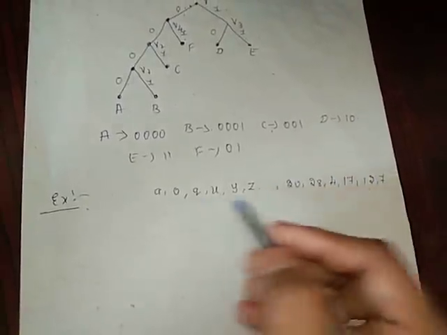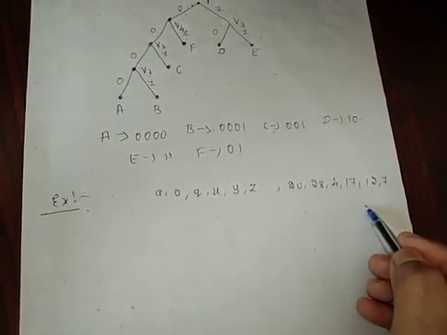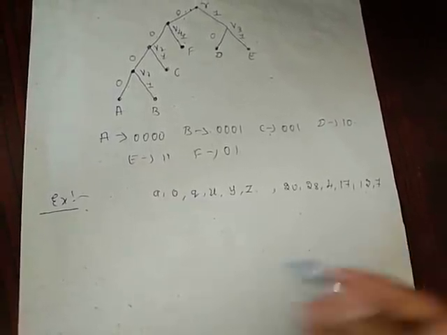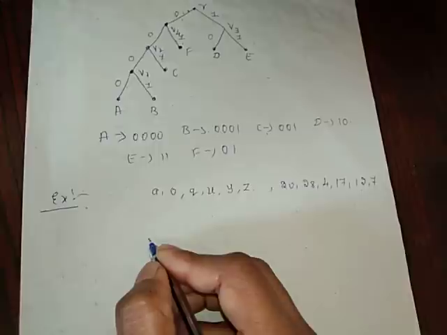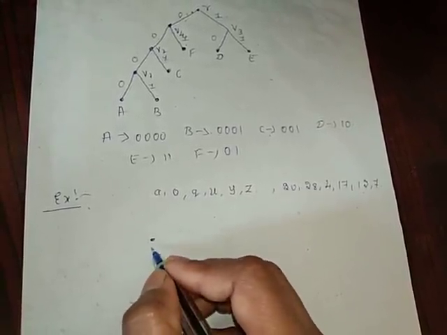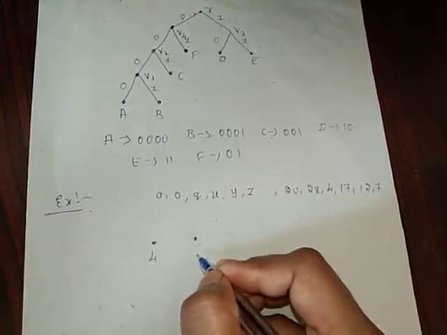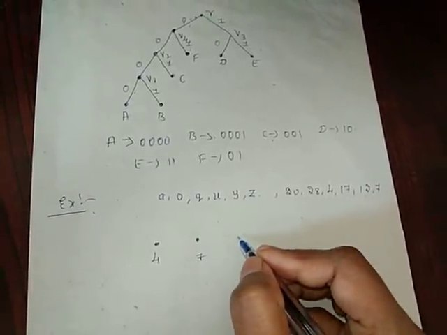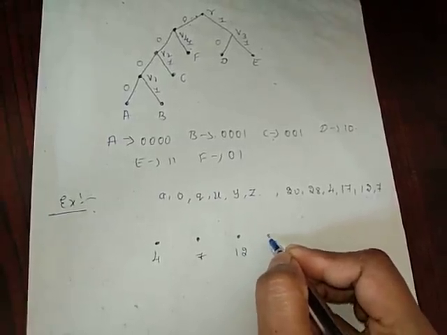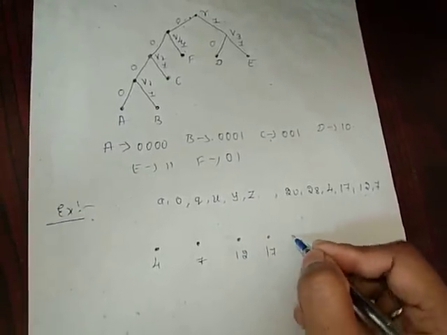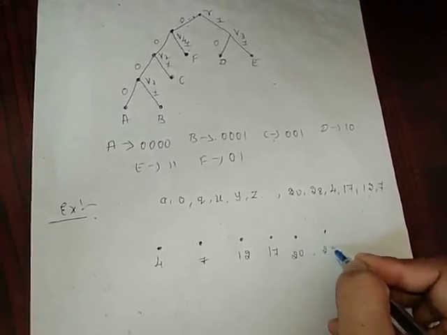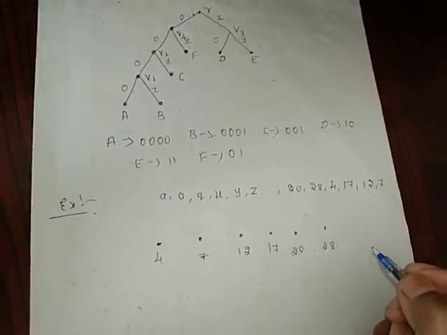Now we have to arrange these frequencies in increasing order. That is 4, 7, 12, 17, 20, 28.